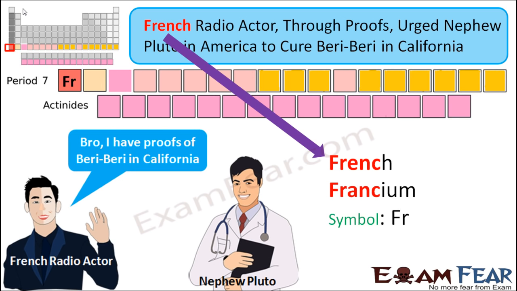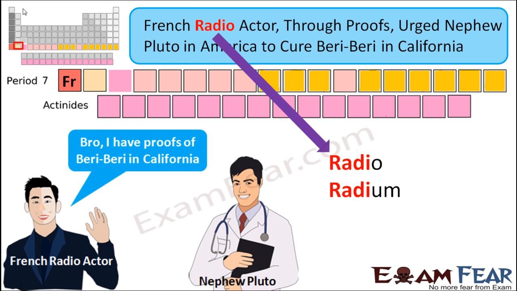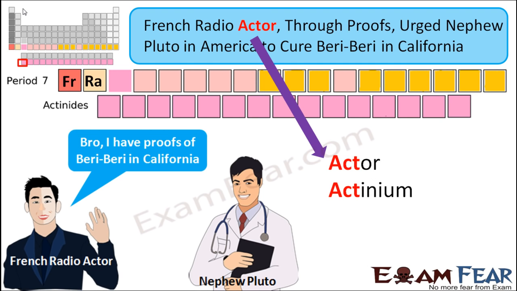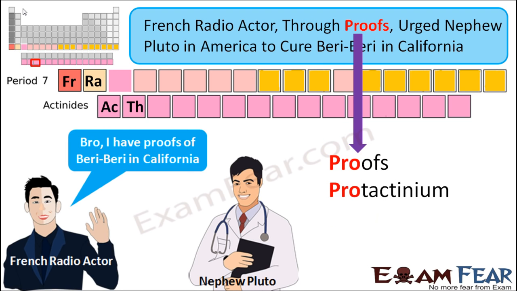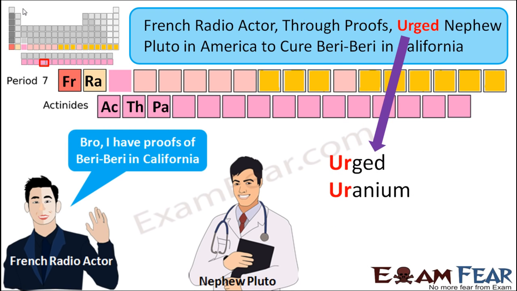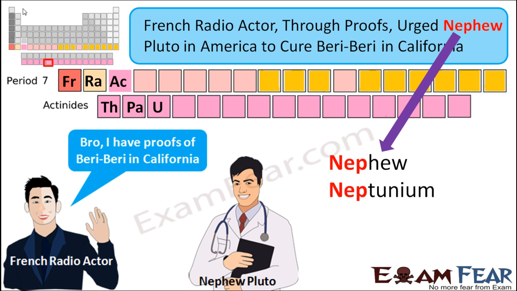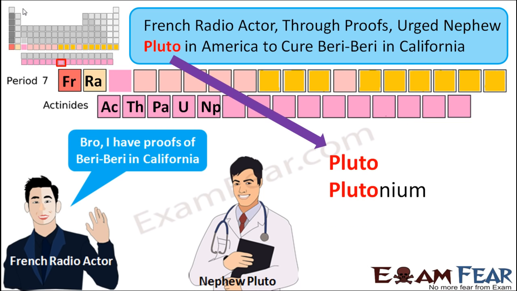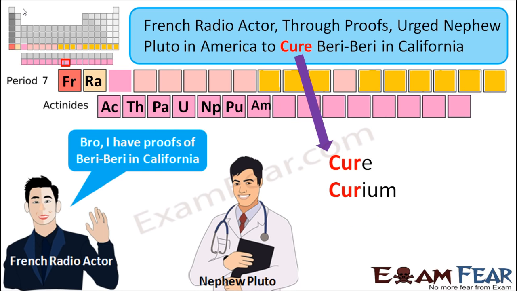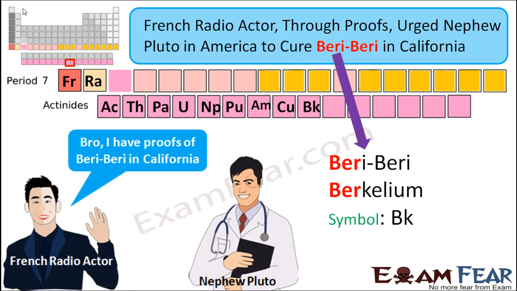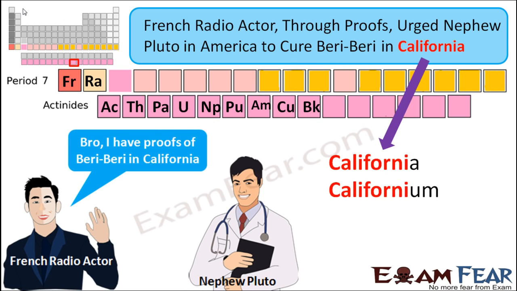So here French reminds of francium with symbol Fr, radio reminds of radium, actor for actinium, through for thorium, proofs for protactinium, urged for uranium, nephew for neptunium, Pluto is plutonium, America is americium, cure is curium, beriberi is berkelium, and California is californium.